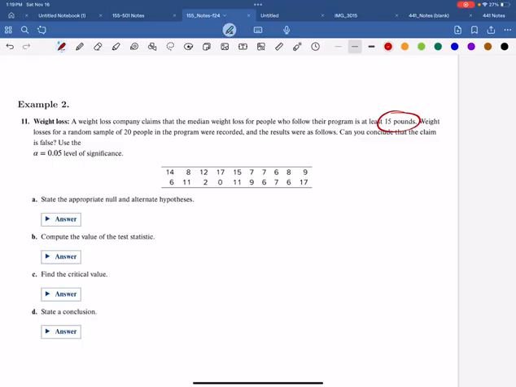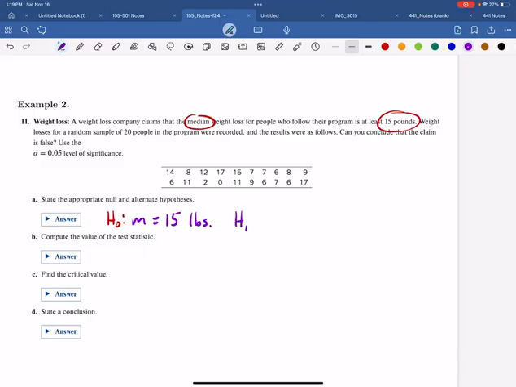Now, let's be a little careful. What would our null and alternate hypotheses be? Well, the null hypothesis is that the median, again, it's median, right? The median weight loss is going to be, not dollar sign, 15 pounds, right?